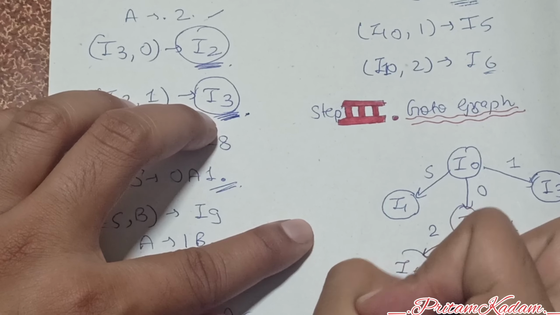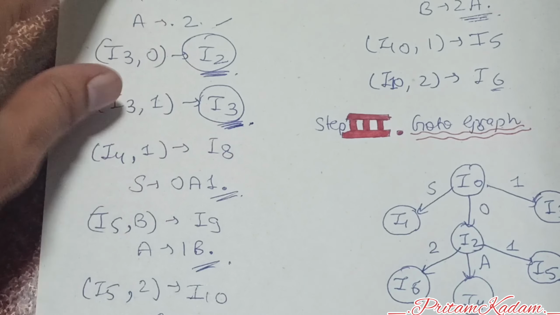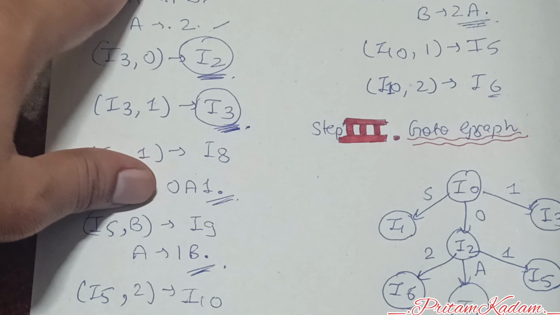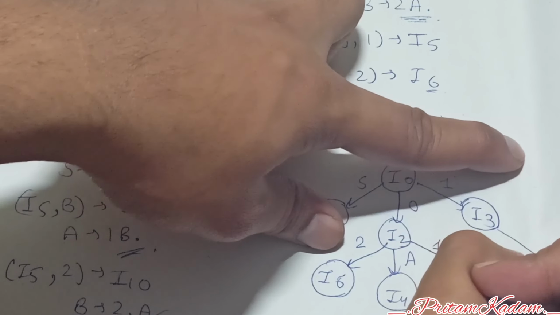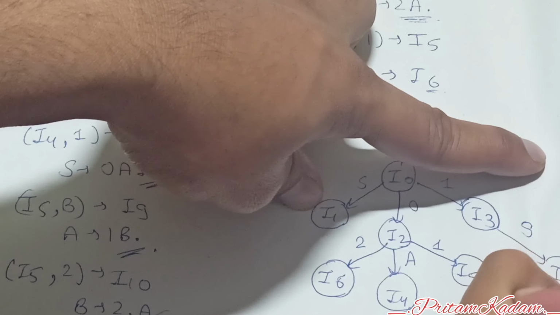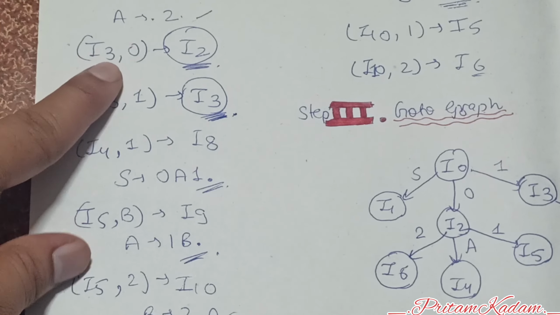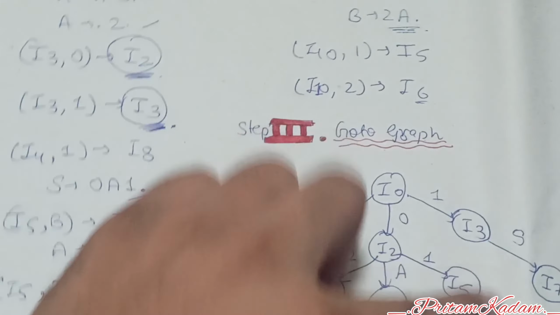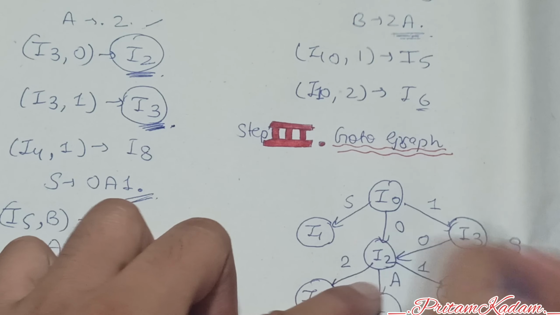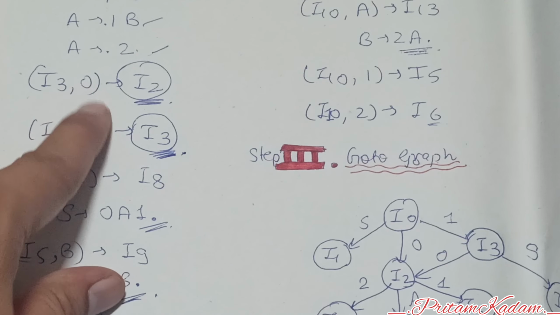So I6 over here. Now we got I7 by passing S in the I3 state, so we'll write S above the arrow, and then we'll write the I7 state. Now on passing 0 in I3, we got I2, and we have already written I2.